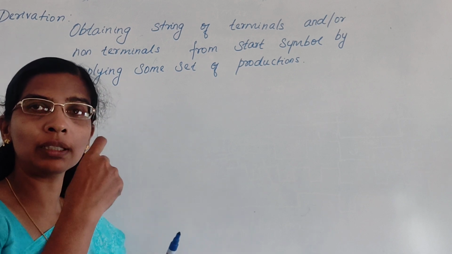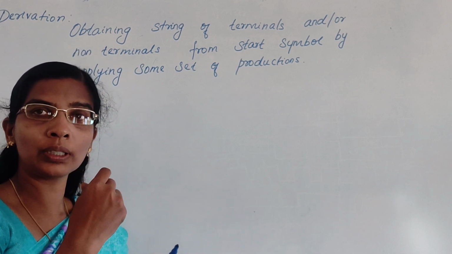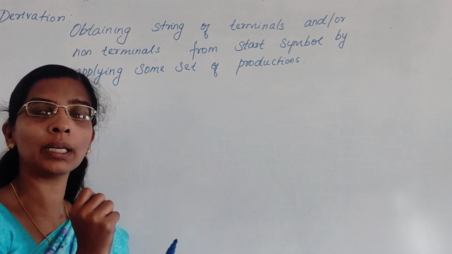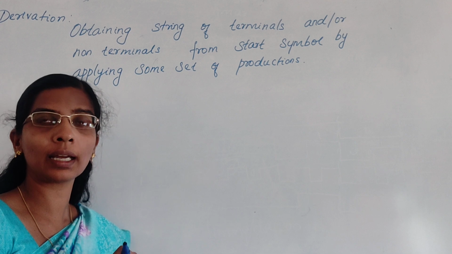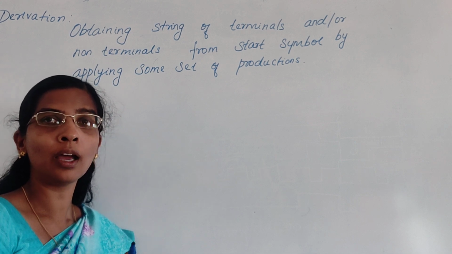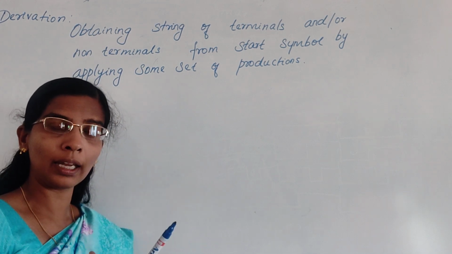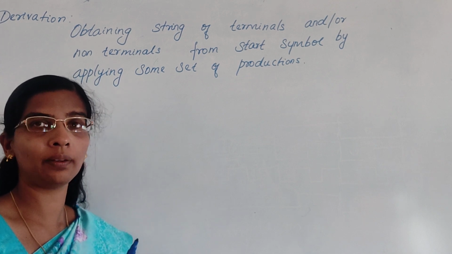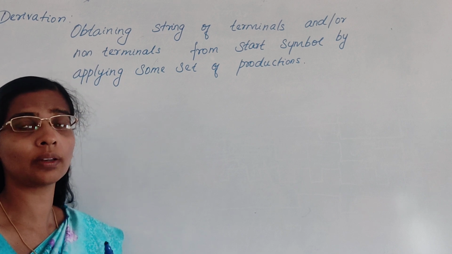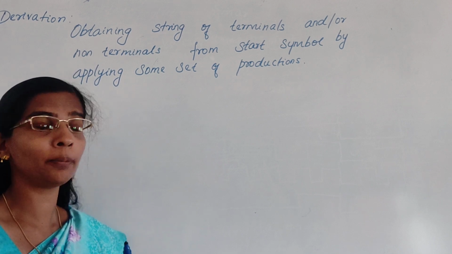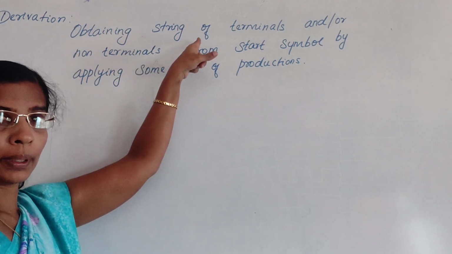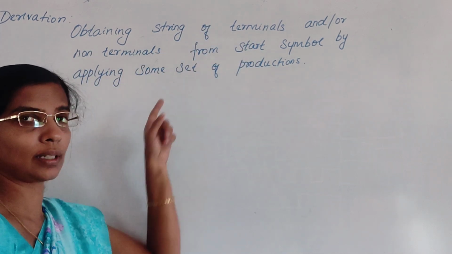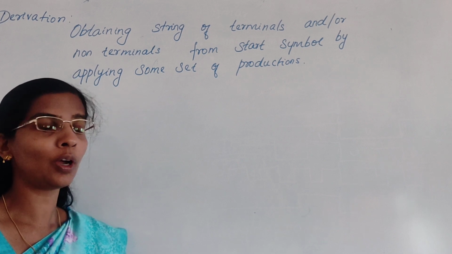So in between steps, if you check your string, it can have a combination of terminals and non-terminals. But at the end, I should get only terminals. That is derivation. So what is derivation? Process of obtaining a string of terminals and or non-terminals from the start symbol by applying some set of productions.